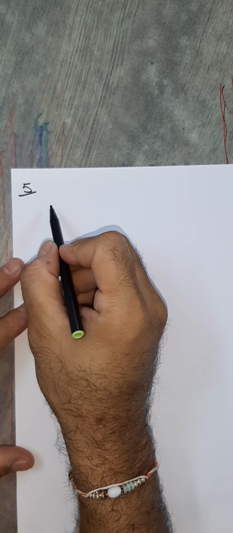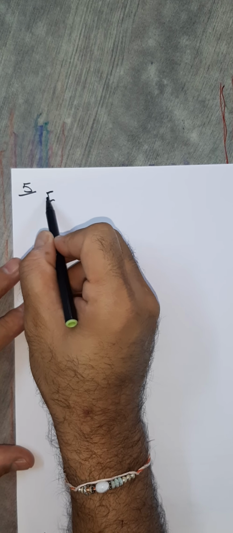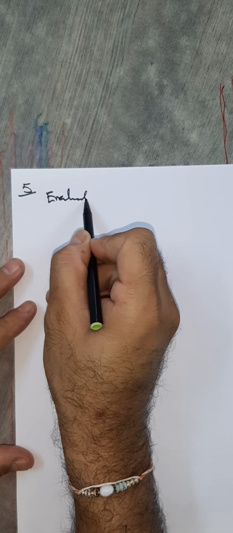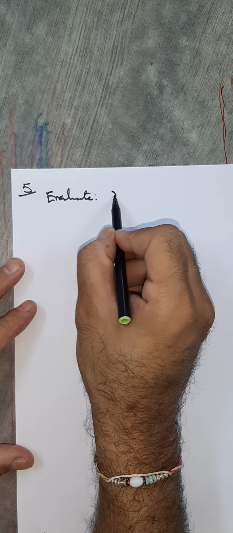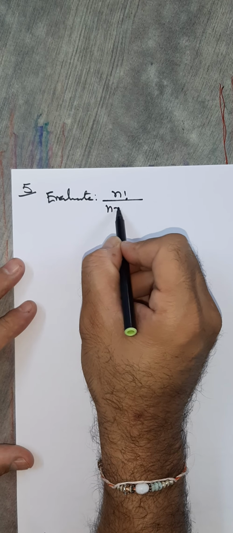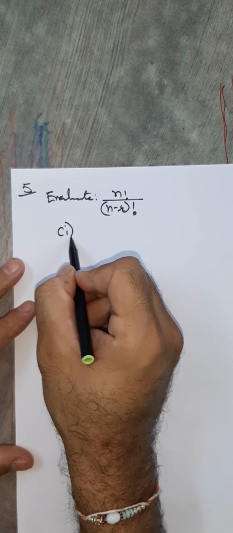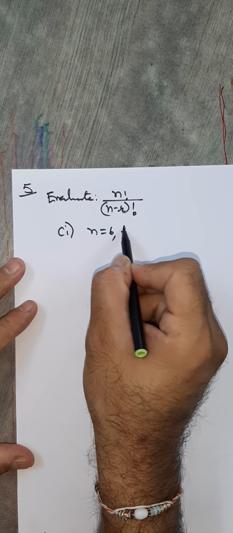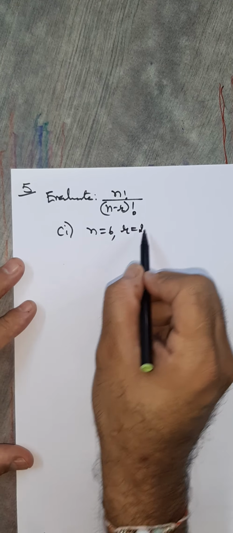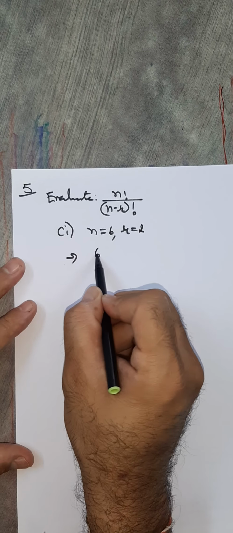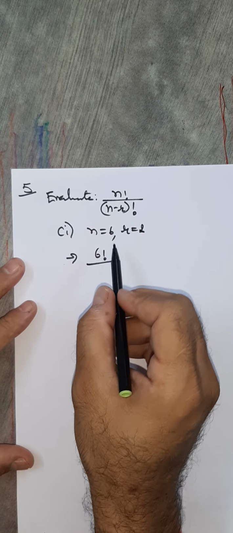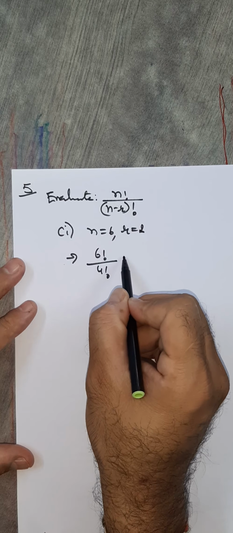Question number 5 here. Evaluate n factorial upon n minus r factorial. The first sub-question is n is 6 and r is 2. So here 6 factorial upon 6 minus 2, which is 4 factorial.